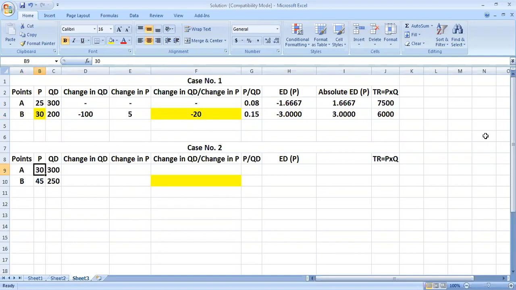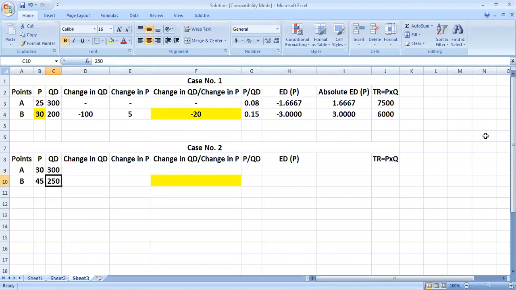The price for the product is 30, consumer is demanding 300 units, and from 30 the price is increased to 45, which is actually a 50% increase in the price of a product. Resultantly, quantity demanded is decreased quite meagerly.